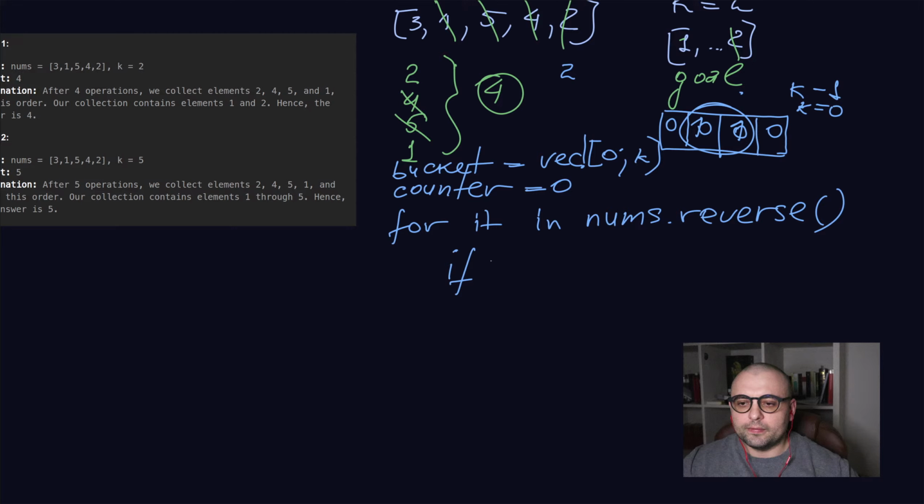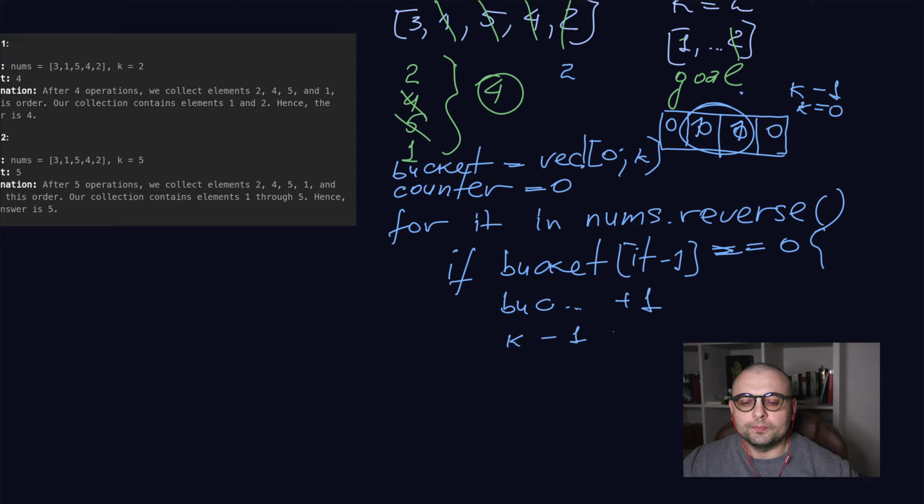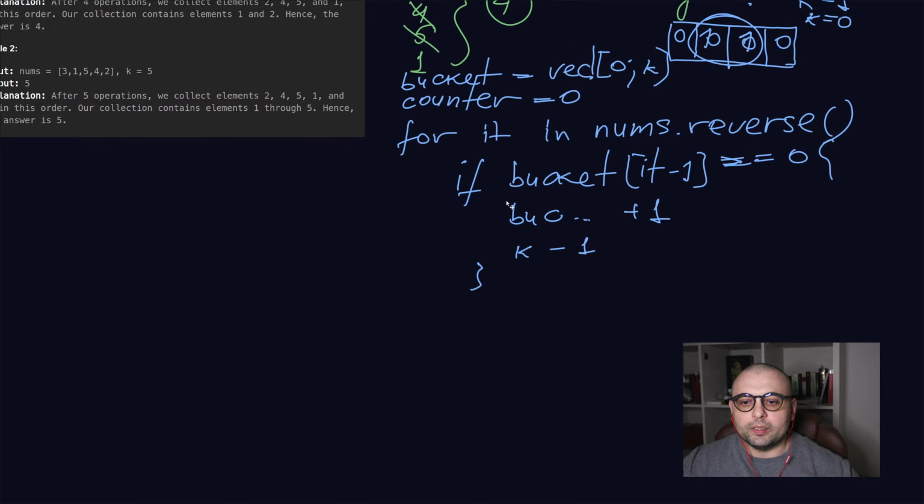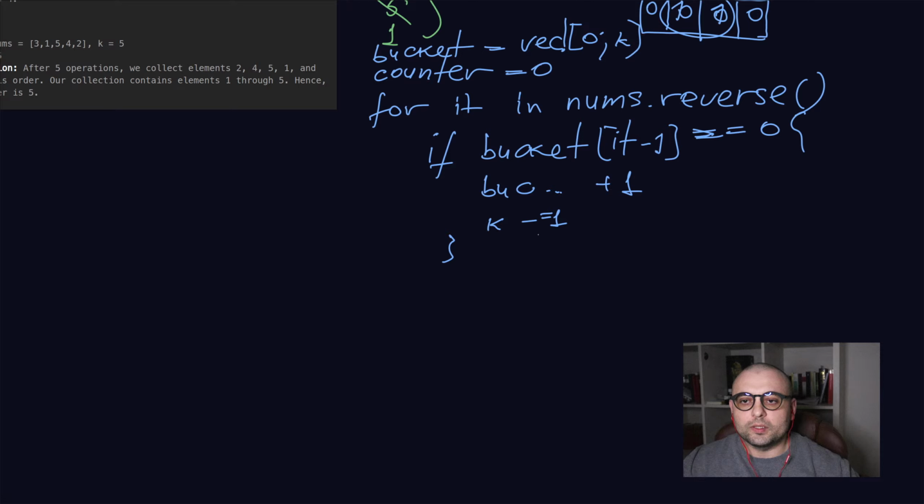So we can do: if bucket of item - 1 is equal to 0 in this case, then we'll increment it, we'll do +1. k will decrement by 1. So that would be our small algorithm here.